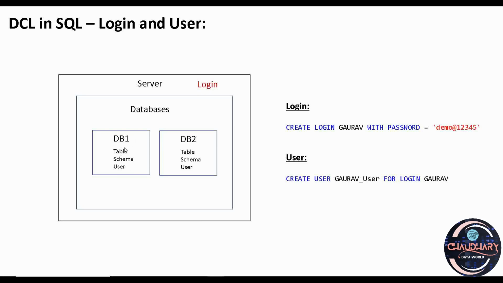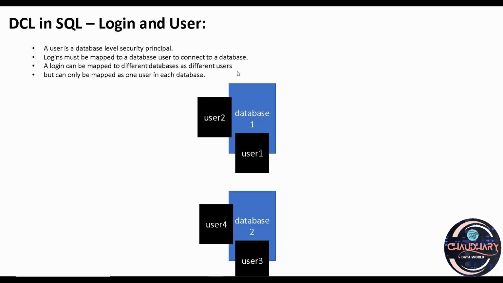That means a user exists inside the database and login exists at the server level. So it is clearing that up. A user is a database level security principal, which you can see that in a particular database, suppose database 1, we can have user 1, user 2, user 3 and n number of users. Similarly, for database 2, we can again have multiple users.